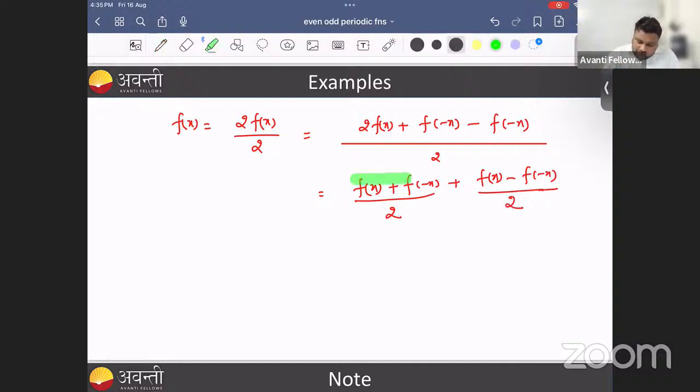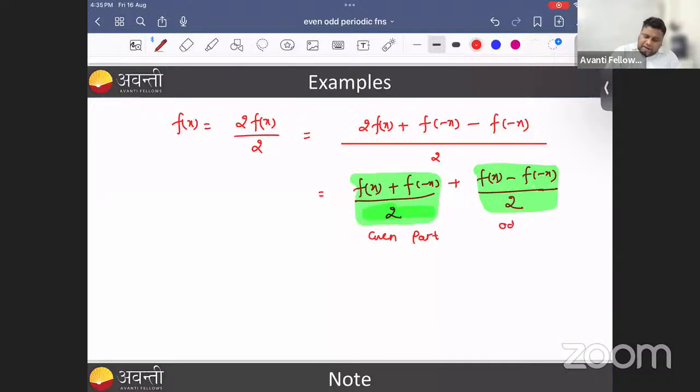Now, this is the even part of f(x), and this is the odd part of f(x). Here, if you realize, this is the even function, and this is going to be an odd function. So every function can be expressed as the sum of an even function and an odd function.